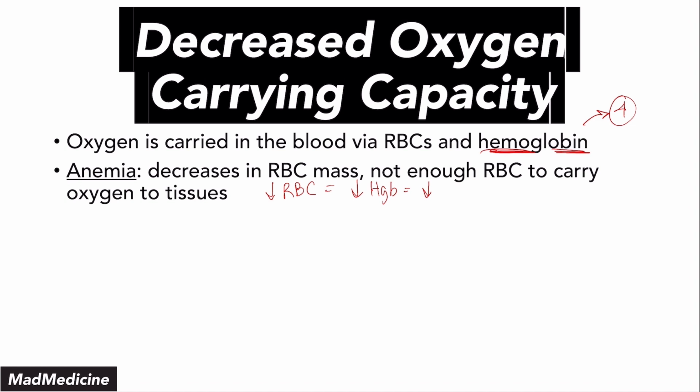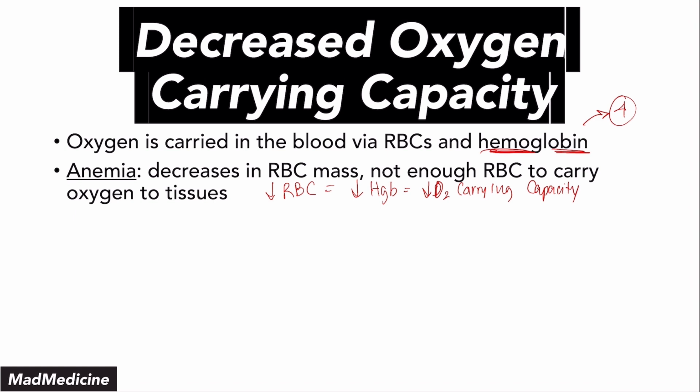If you have a decrease in the oxygen carrying capacity, then you are not going to be able to perfuse the body. You are going to become hypoxemic and the tissue will end up dying. So that means decreased oxygen carrying capacity. So that's one way you can interrupt hemoglobin.